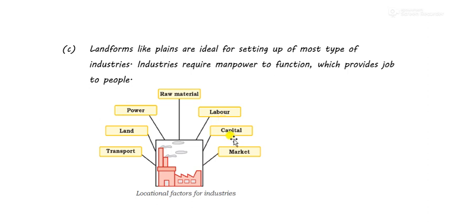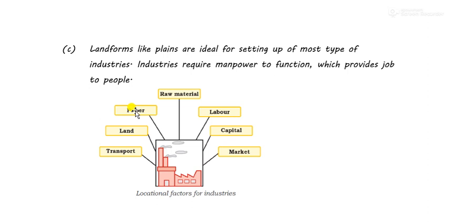Capital does not depend on the plains because capital is put in by people. Now people can put in capital from anywhere. The fourth point is market. Now market suggests the people to whom you want to sell. Transport, as discussed earlier, we know what is transport. Secondly, second last land, and lastly power.